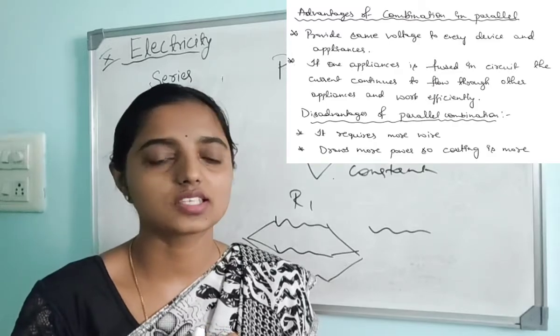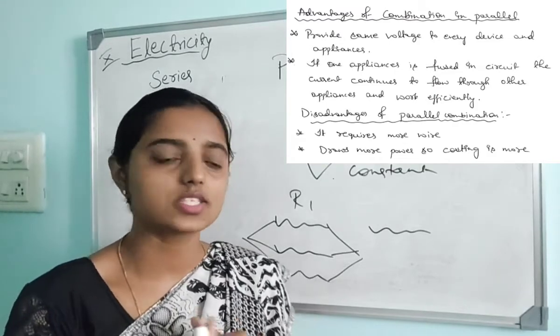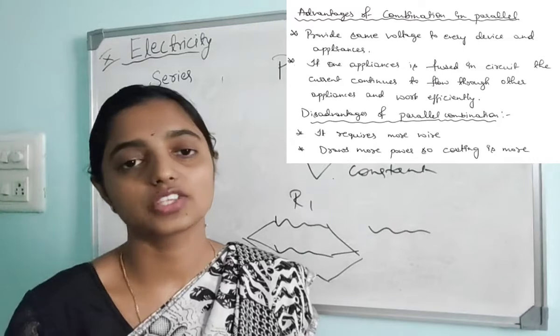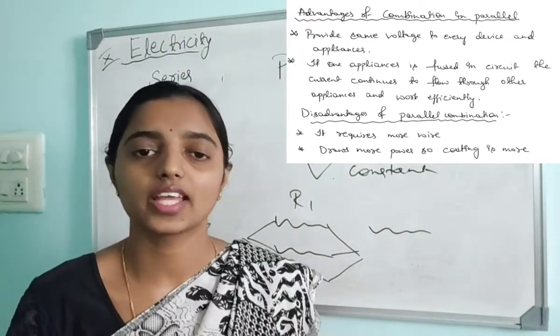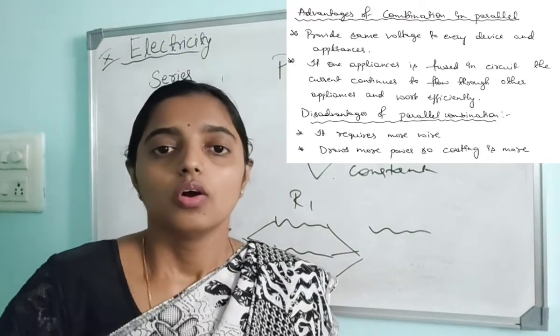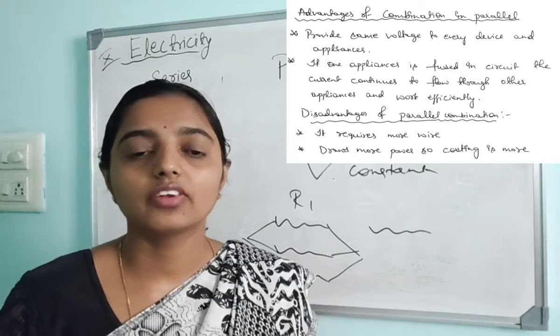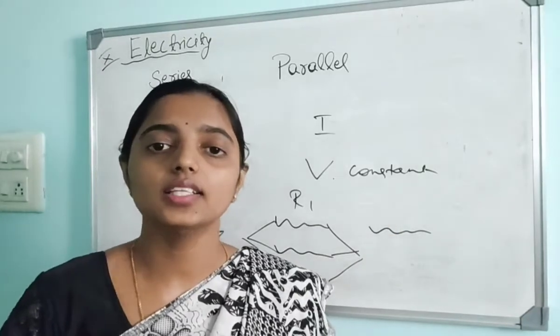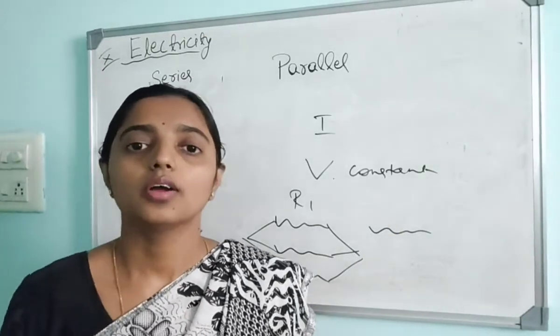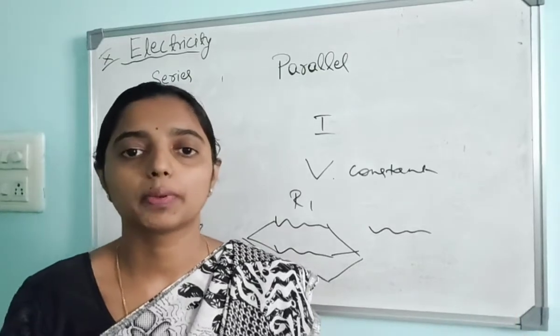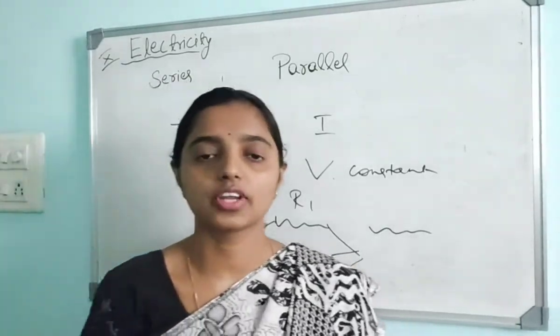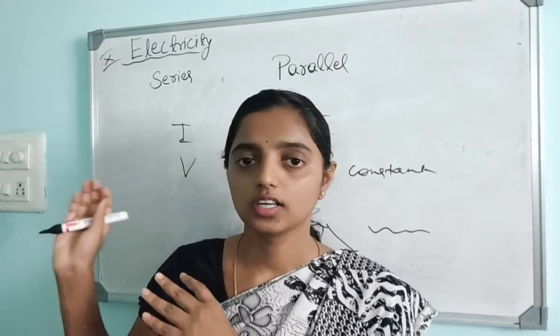So we can list this under the disadvantages. Otherwise the major advantage is what you will get in your exam. They will always ask, what is the advantage of connecting resistors in parallel rather than in series, or vice versa? So you need to prepare for this 1 mark or 2 mark give-reason question from this topic.